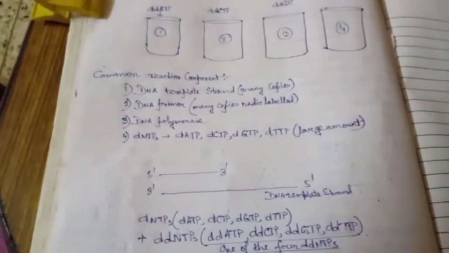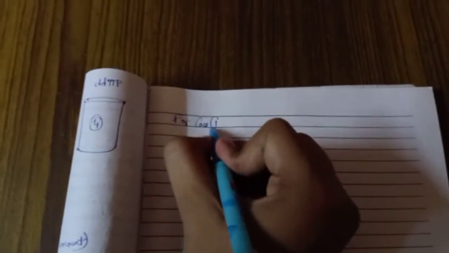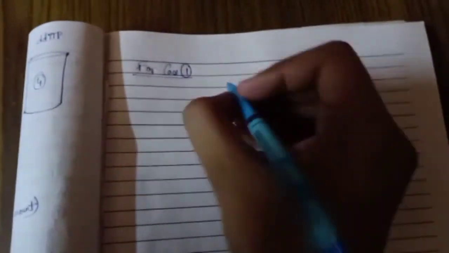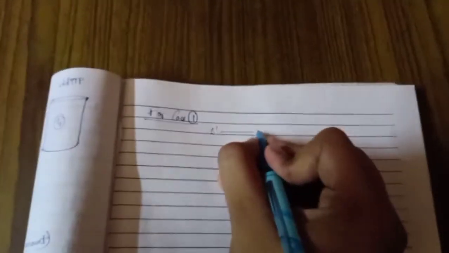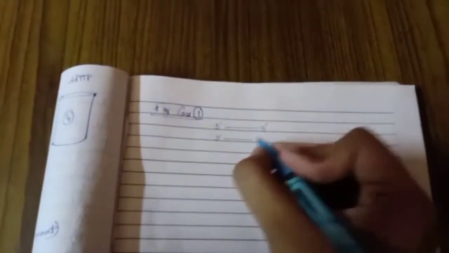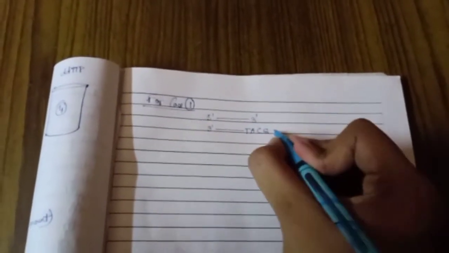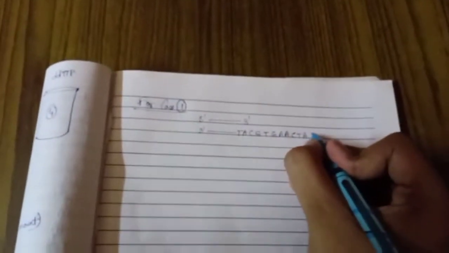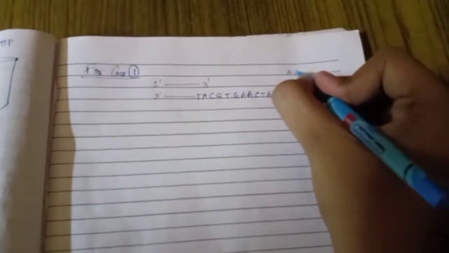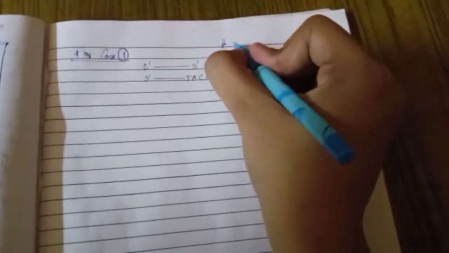Let's see what happens. At first, for case 1, we write the primer and we write the strand which we want to sequence. In mixture tube 1, we add ddATP as the dideoxyribonucleotide. We know that adenine pairs with thymine and guanine pairs with cytosine.